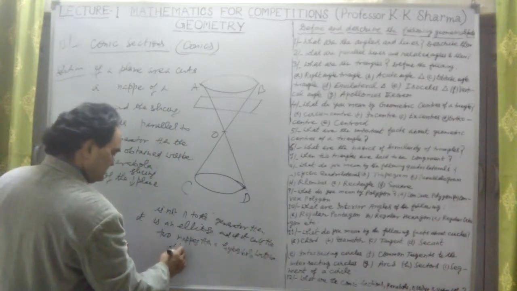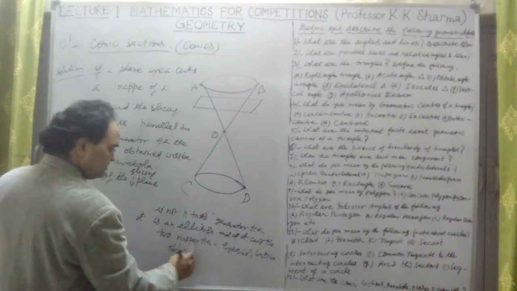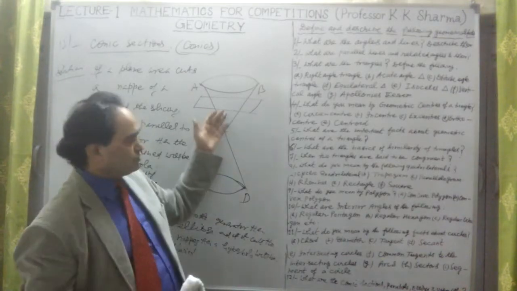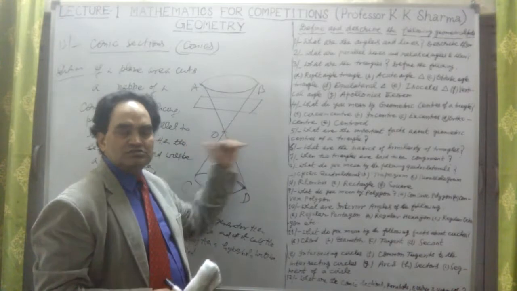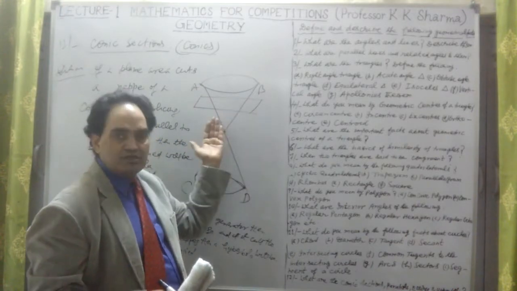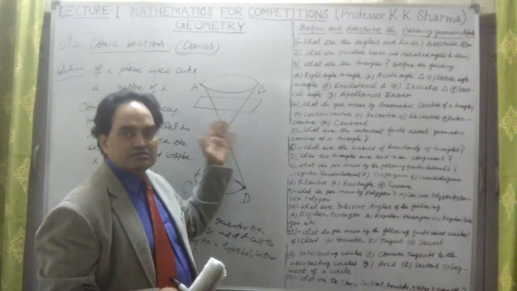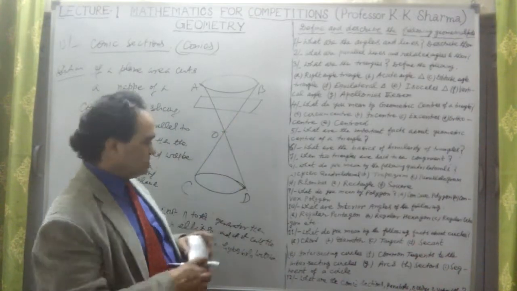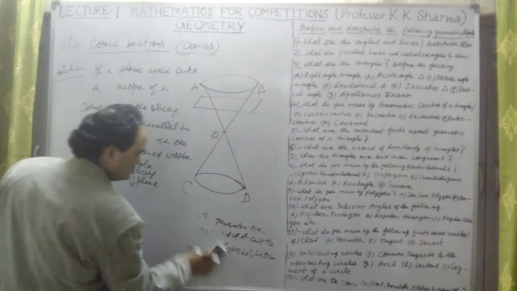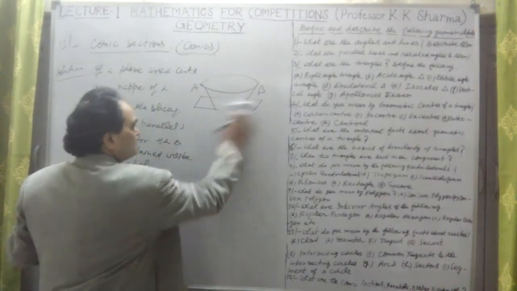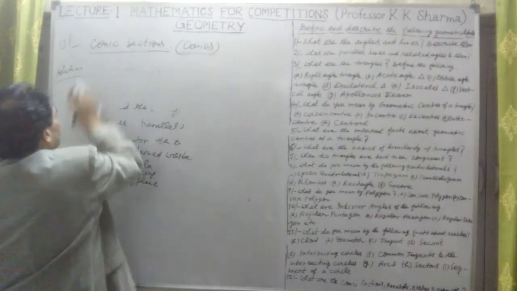This is basic information, and because of that they are known as conic sections. So this cone is sliced by a plane, and then it cuts a shape such as a parabola. Now, what is the definition of parabola, ellipse and hyperbola? Let me now talk about that.